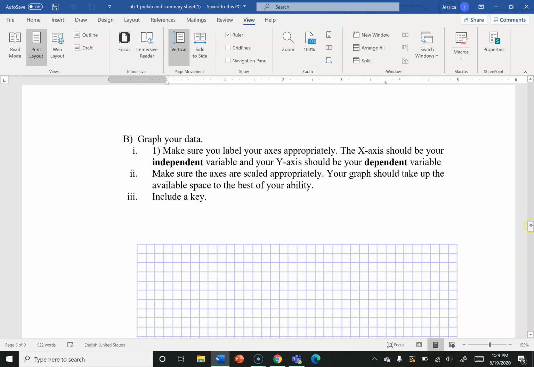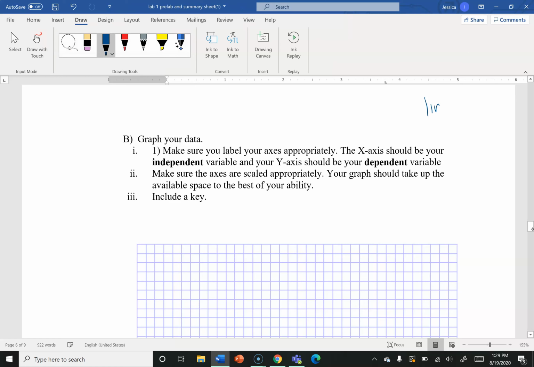So this fish lab is a little bit different than we have been doing, and again, it is also vague because each class might choose a different type of experiment to do. But based on the experiment we did in our class, you are actually going to make a line graph.